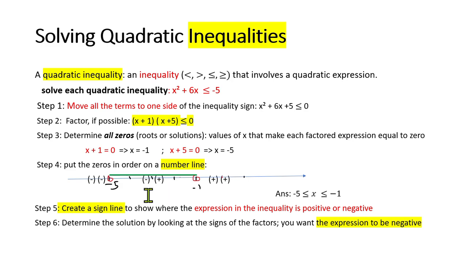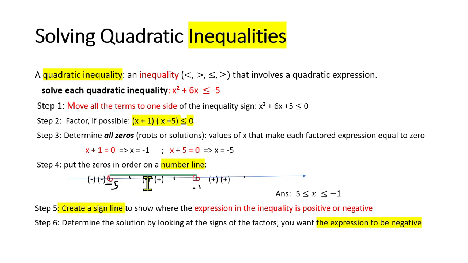When x is greater than or equal to minus 5 and less than or equal to minus 1, then minus times plus. So the answer is this interval, x greater than or equal to minus 5 and less than or equal to minus 1, because we're looking for the expression to be negative.